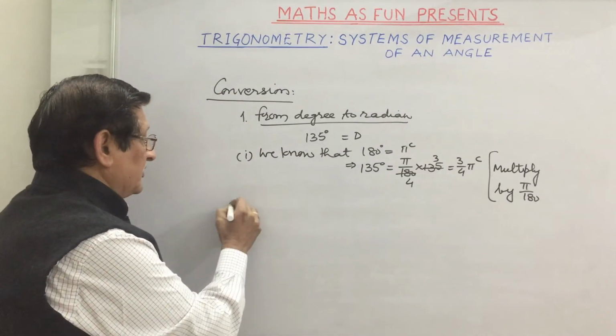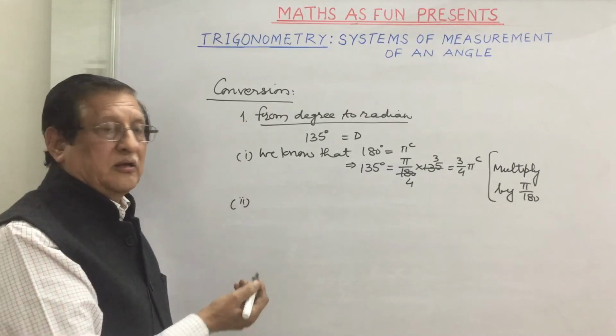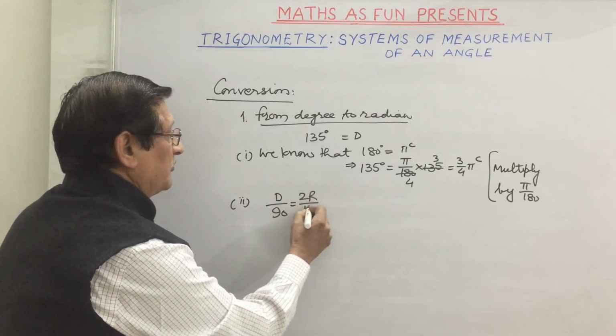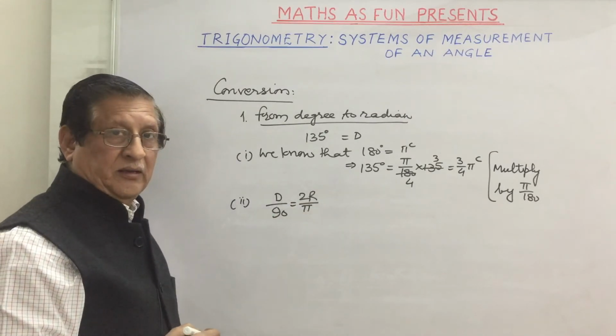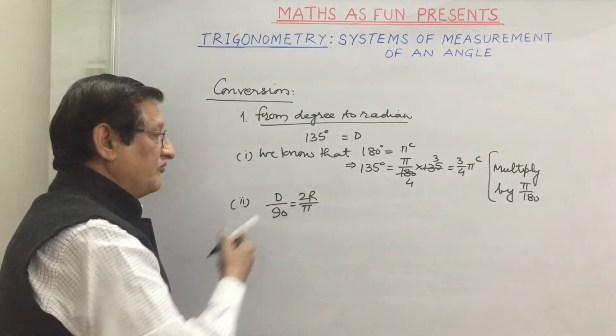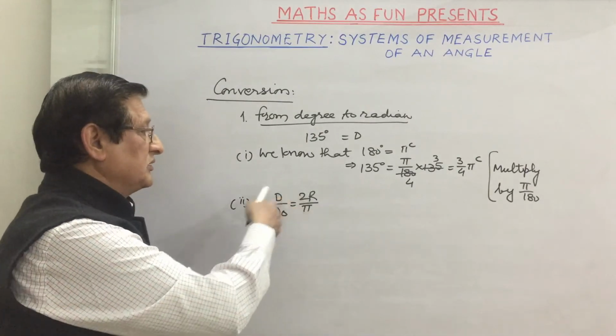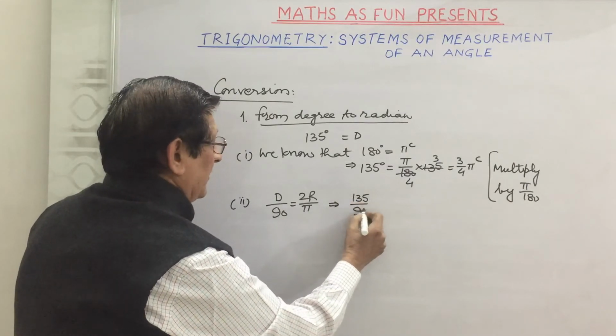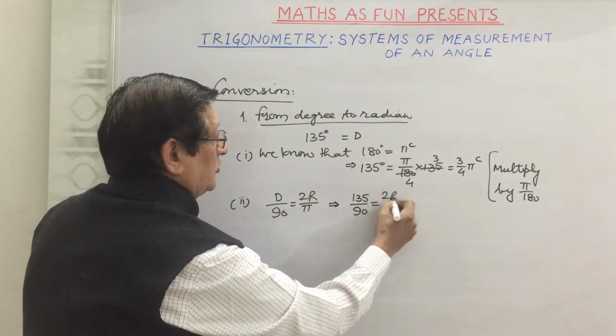The second method we can use, as I told you, is the formula d upon 90 is equal to 2r upon pi. We know the value of d is 135 and we have to find the value of r. We can substitute that in the formula: 135 upon 90 equal to 2r upon pi.